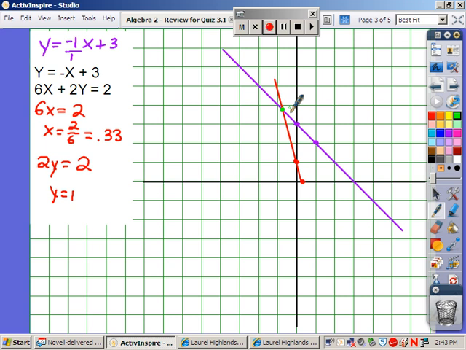So this is the downfall of graphing, which is why in a minute you're going to learn how to do these algebraically. But that coordinate point, if I had to estimate, is probably to the left, negative 0.8, and up would be 3.8.